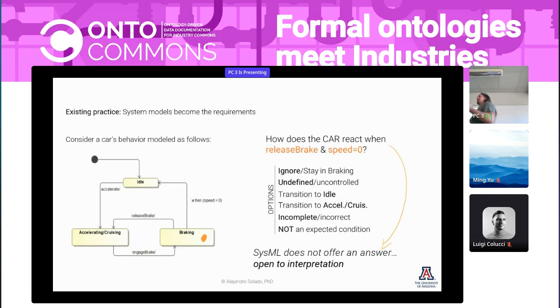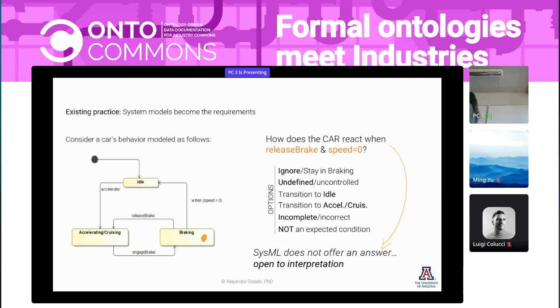Now, the interesting thing, again, these are SysML experts, not novices. They know their stuff. They have a completely different opinion on how the car reacts, and now we're using this to design systems. So I may be expert 1 designing this as a model of my problem, my designer is interpreting that it has a different behavior, and my implementer has a different opinion on what the behavior is.